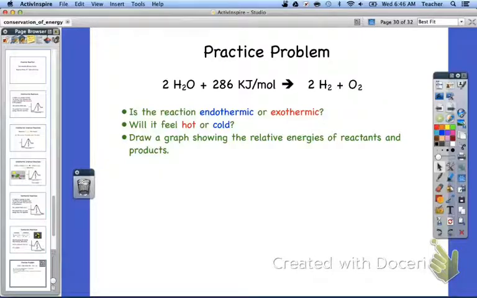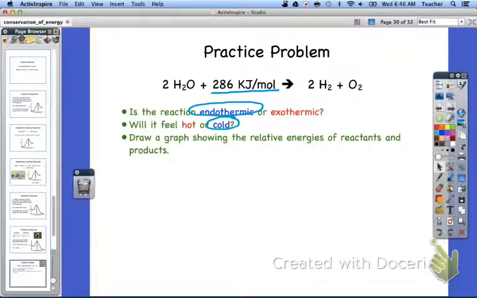The first question is the reaction endothermic, which means energy is required and it will feel cold, or is it exothermic, where energy is given off? Because the energy is written in the equation as a reactant, this reaction is going to be endothermic. And since it's endothermic and that heat is coming from the environment, that is going to feel cold.